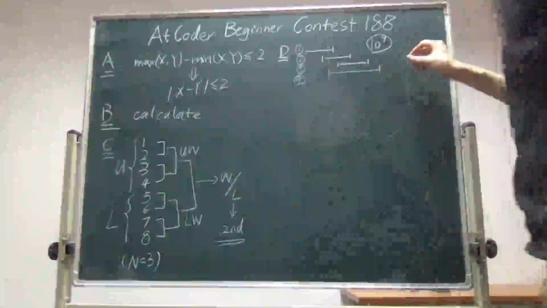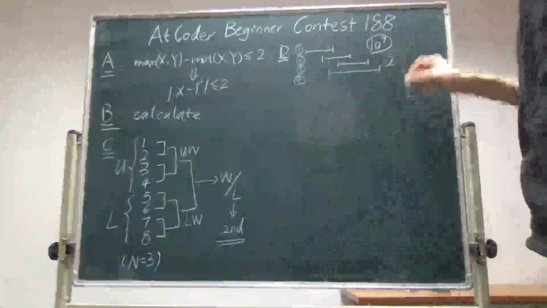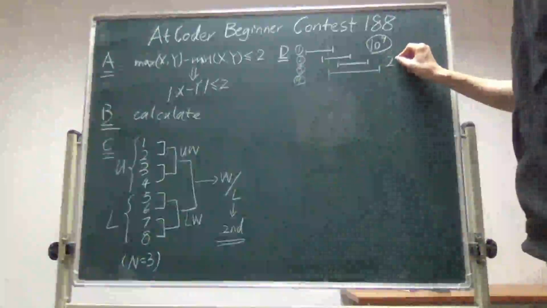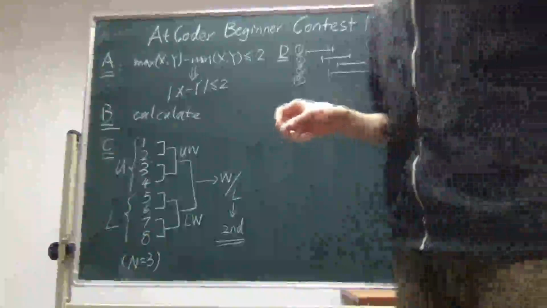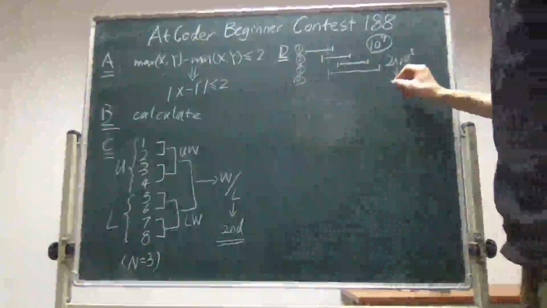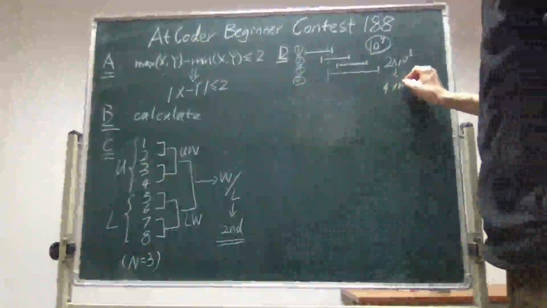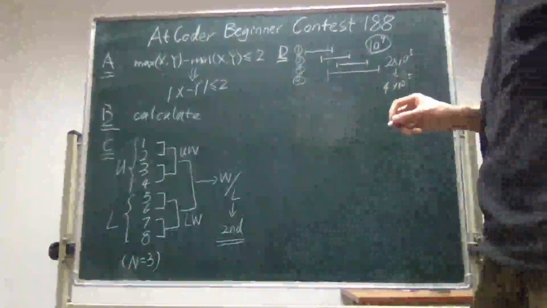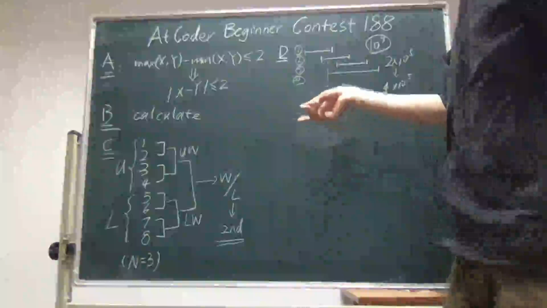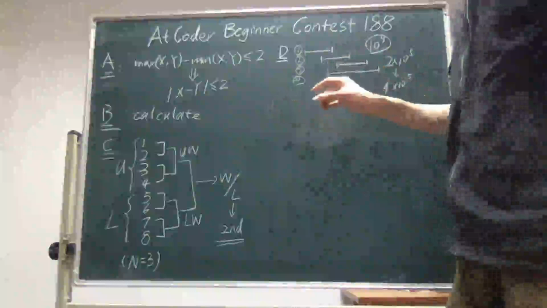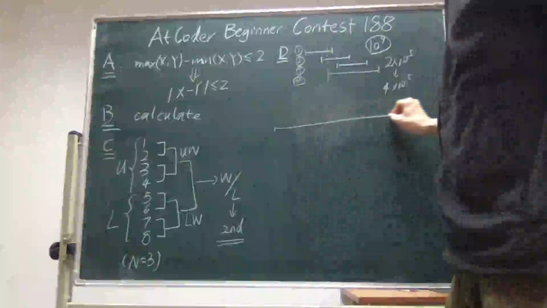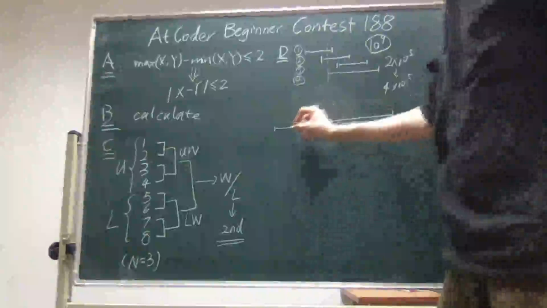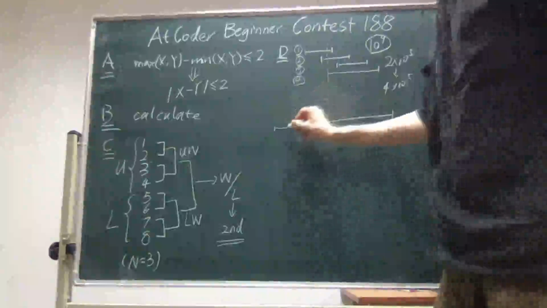Since there are only 200,000 segments, there are at most 400,000 endpoints. So we can find all the endpoints and split the whole period into several small segments.